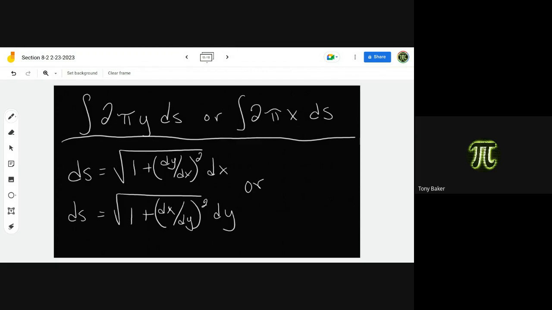If your equation's rotated around the x-axis, you're using this. If it's rotated around the y-axis, you're using this. Okay? Period. Does that make sense? Or no?